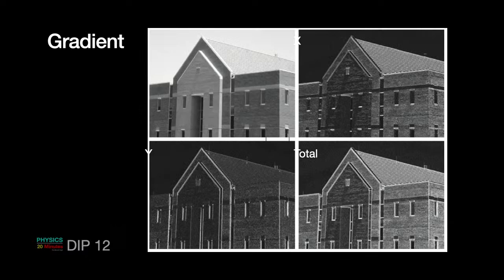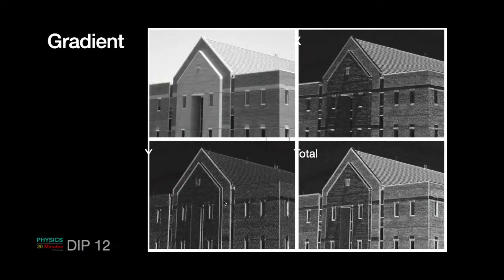So let's see an example of the Sobel operator here. This is my original image. This is the gradient along the x-axis, and this is the gradient along the y-axis. Look at some important parts. As I go from here to here, you will find that this vertical does not appear in this, but this vertical strongly appears in this.